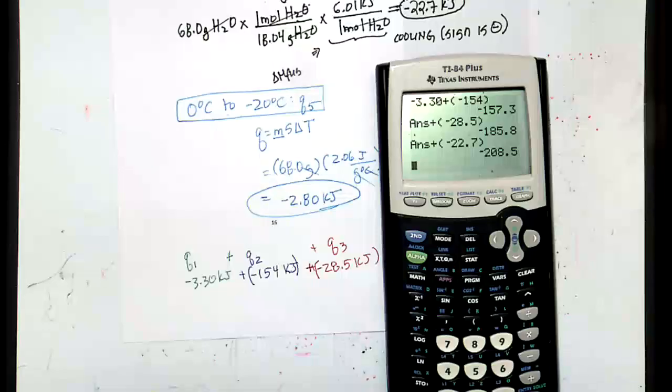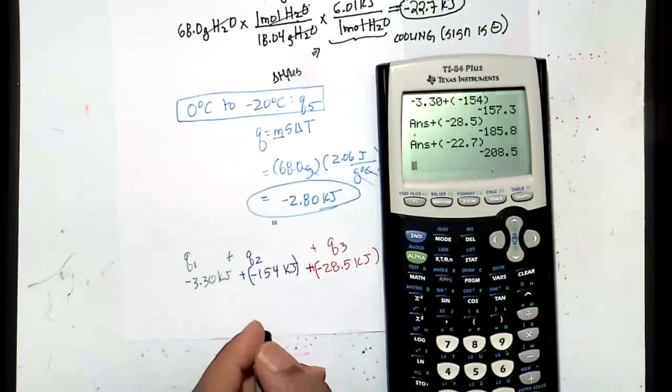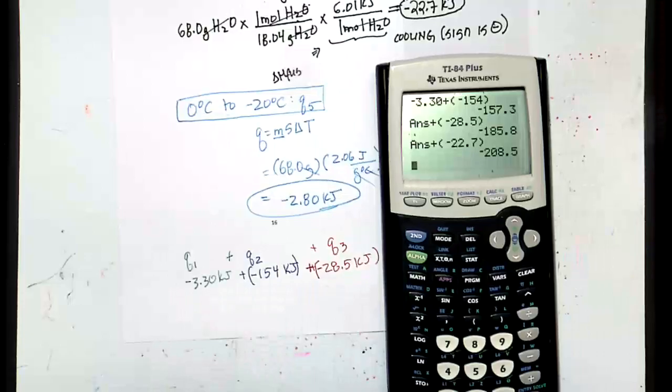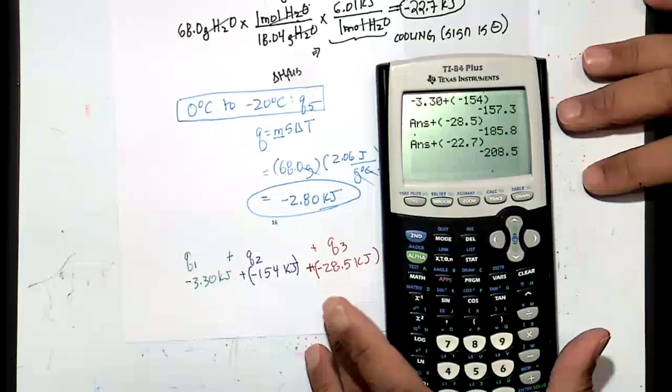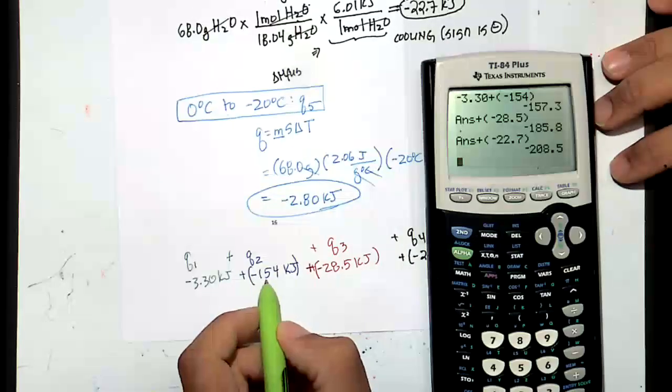Did you get minus 208.5? Is anybody doing it with me? I just need one person to verify. Anyways, just make sure on the exam you're careful and double check your answer. Minus 208.5 kilojoules is what I'm getting.